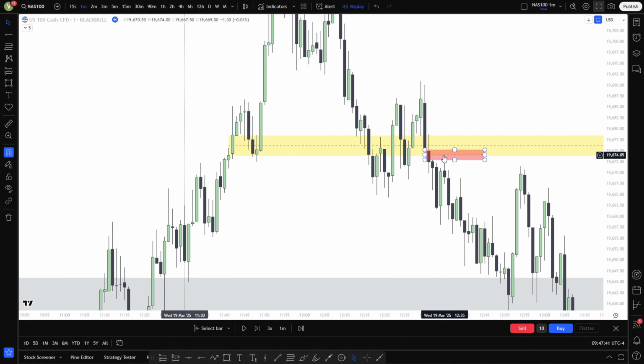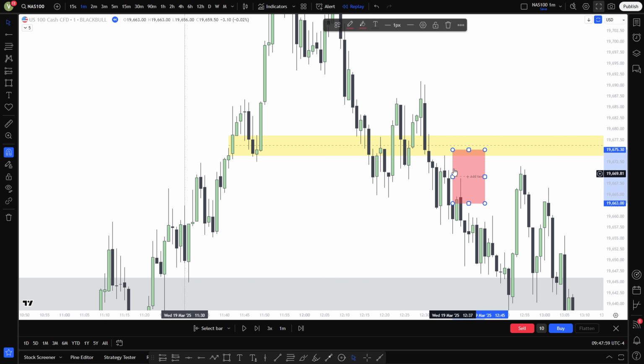If you are aggressive, you can take this short, or you can wait for another displacement, as the rules say. So trade down, back into the gap here on this candle, then wait for another displacement. Here it is. Here is the next displacement.